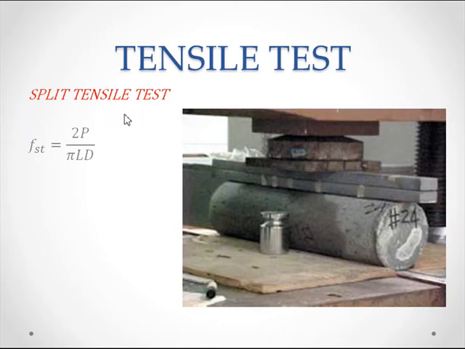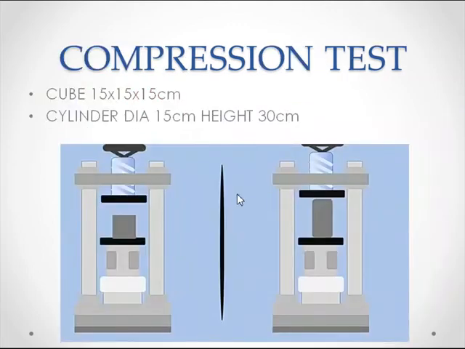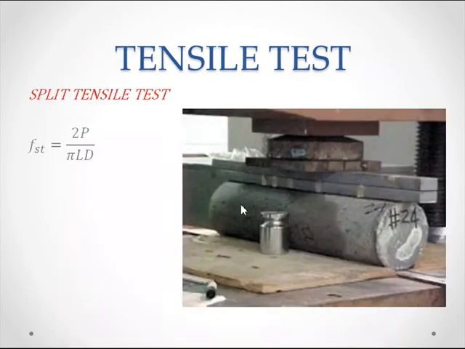The tensile strength of concrete is obtained by applying a compressive force along the length of the concrete cylinder. So, in compression test, the concrete cylinder is placed vertically. Here, in split tensile test, you can observe the concrete cylinder is placed horizontally.